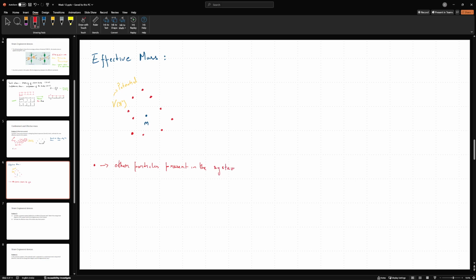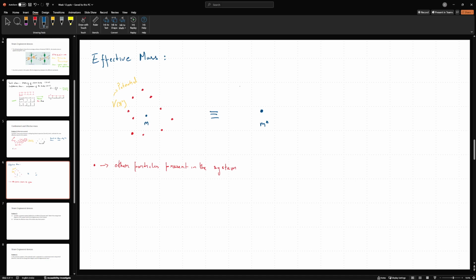Now, we use the notion of effective mass to kind of translate this system to a new situation where I gloss over all of these and treat my original particle as a free particle of mass m star, where m star is the effective mass.